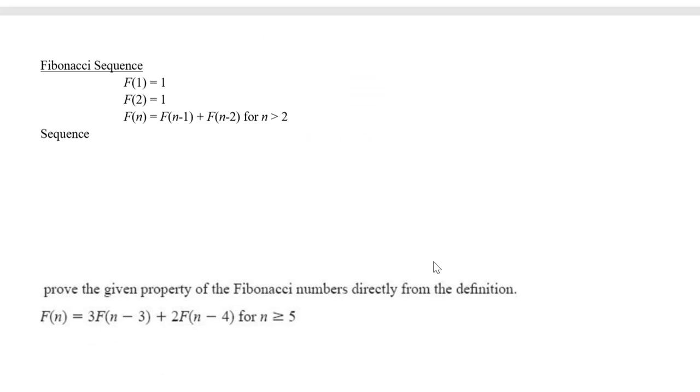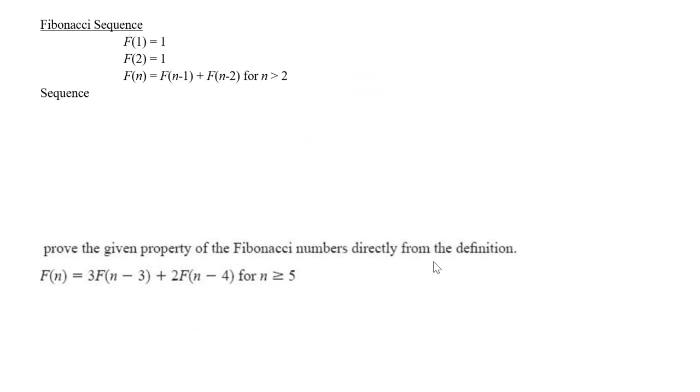One famous recursive sequence is the Fibonacci sequence, named after the Italian mathematician Fibonacci. Here he defines f1 and f2: the first in the sequence is 1, the second is 1.